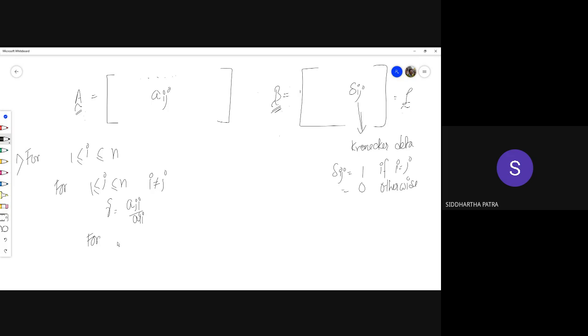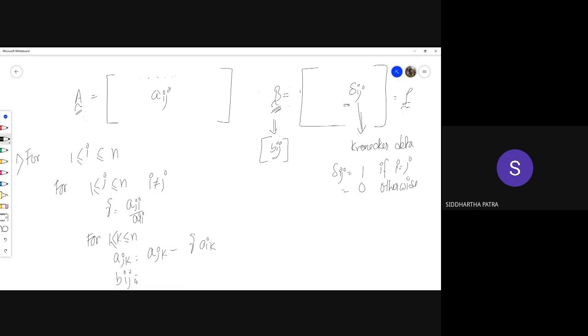So what did we do next? For k going from 1 to n, we did Ajk equals Ajk minus gamma times Aik. In addition, you also start with the B matrix, which in general is Bij, and this Bij in the beginning is delta ij.